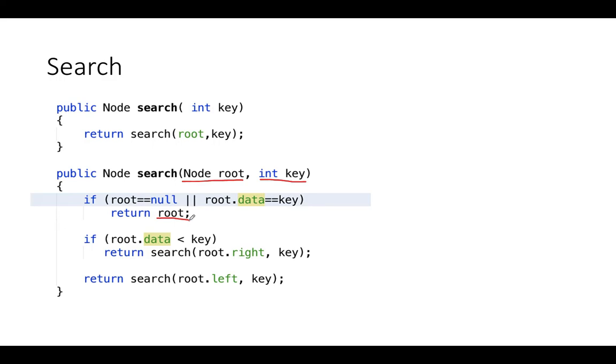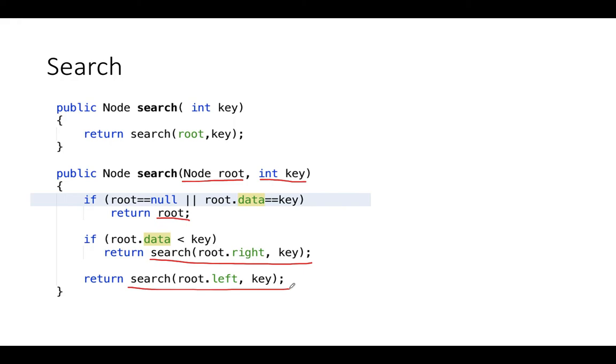If we find the key in the root, then we return the root. Okay. If the root data is less than the key, this means the key should exist in the right part. So we call this method for the right subtree of the root, root.right. Else, we call it for the left part.